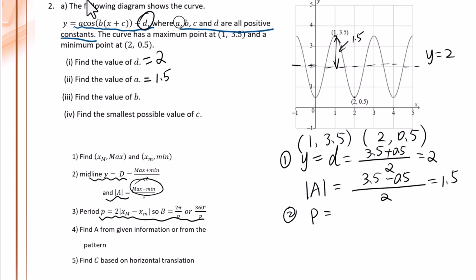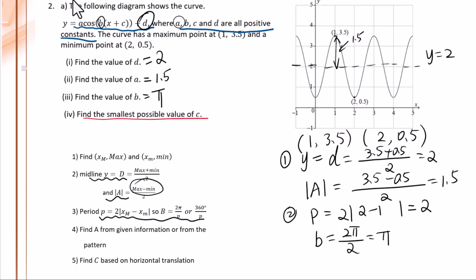Period equals double the horizontal distance between maximum and minimum points, 2 minus 1, equals 2 times the absolute value of 2 minus 1, equals 2. So this b equals 2 pi over 2 equals pi. b equals pi.